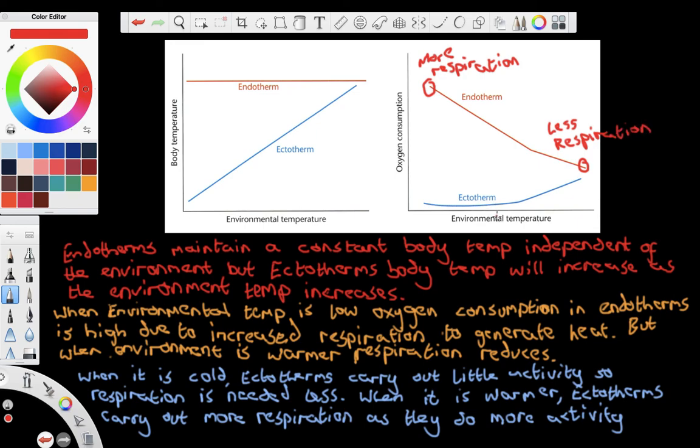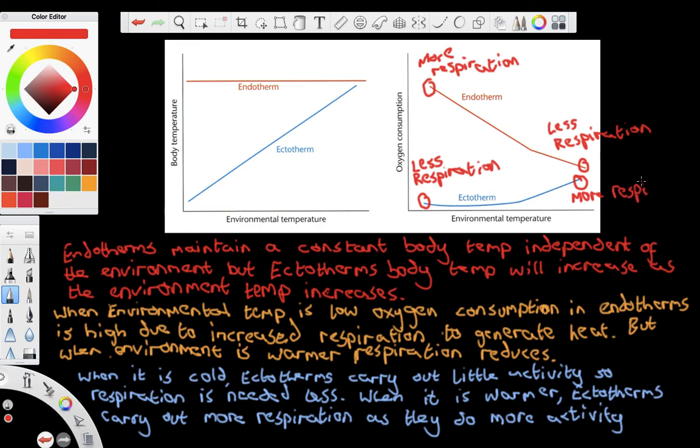On the ectotherm, it's the opposite. When they are cold, they do less respiration. But when they are warm, they do more respiration.